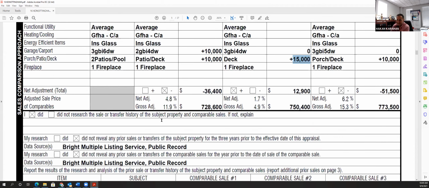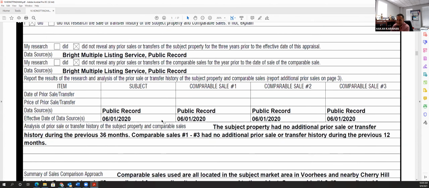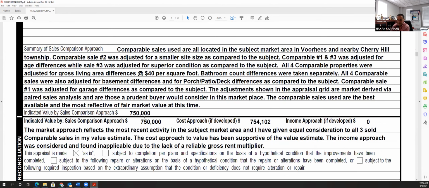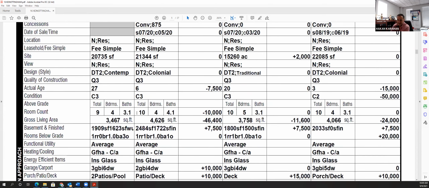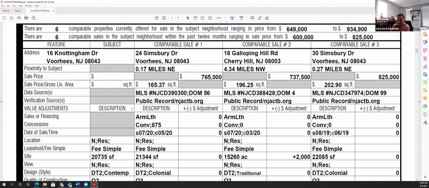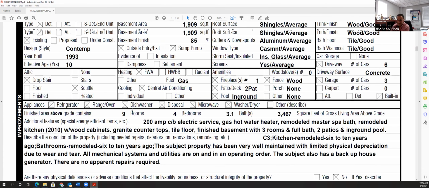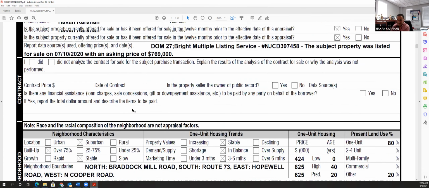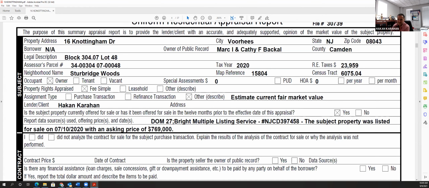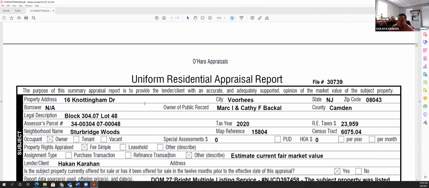So at the end of the day, this property appraised at $750,000 instead of the sale price, which was $769, I think. So it under appraised, but the buyer was okay with it because they had a minimum cap of $750. So they still bought it, and that was it.